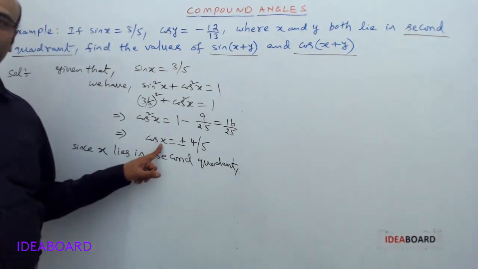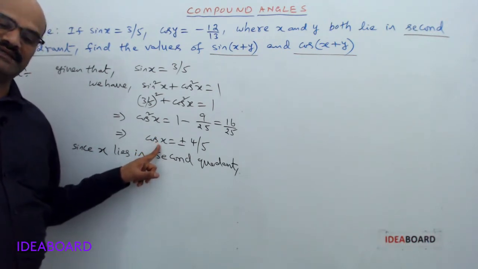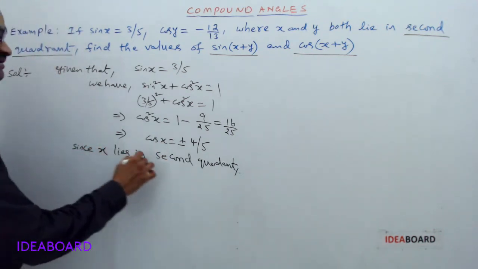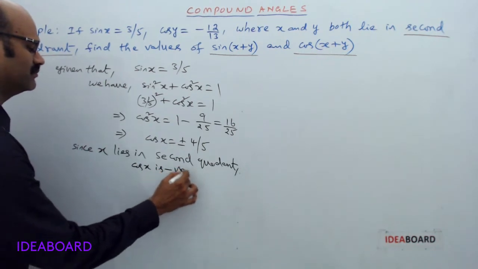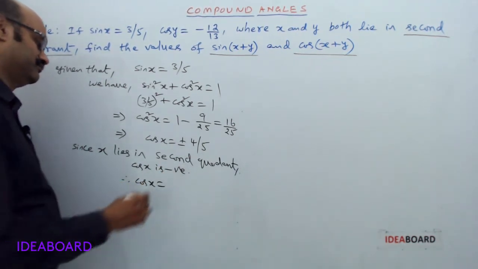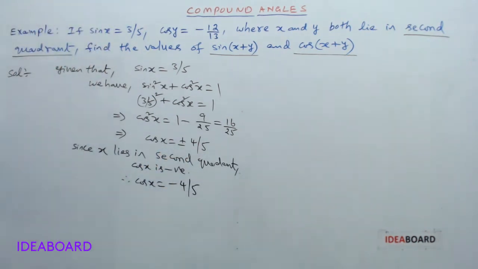In second quadrant we know that only sin x and cosecant x are positive. Cos x is negative. Therefore, cos x equal to minus 4 by 5.